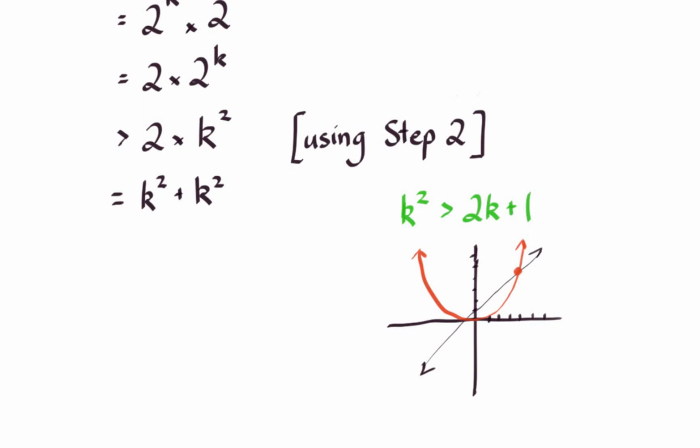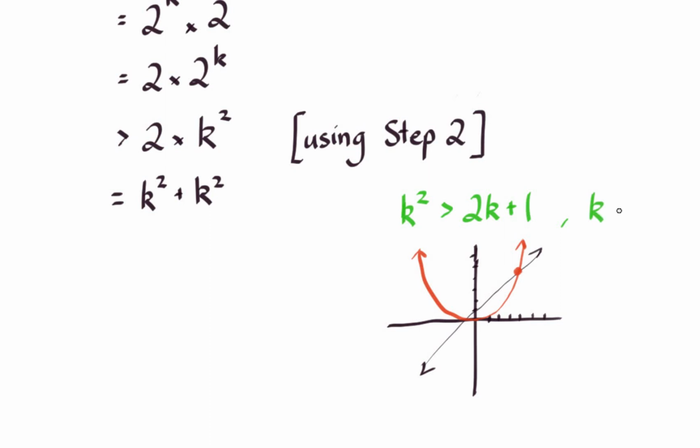So when k equals 1, we can see that this is not true. When k equals 2, okay, it's not true. When k equals 3, 3 squared is 9. Is that greater than 2 lots of 3 plus 1? Yeah.